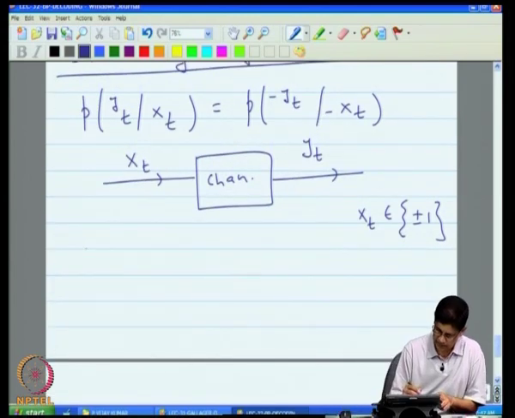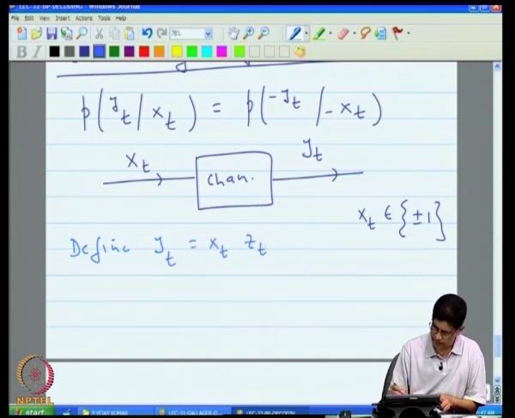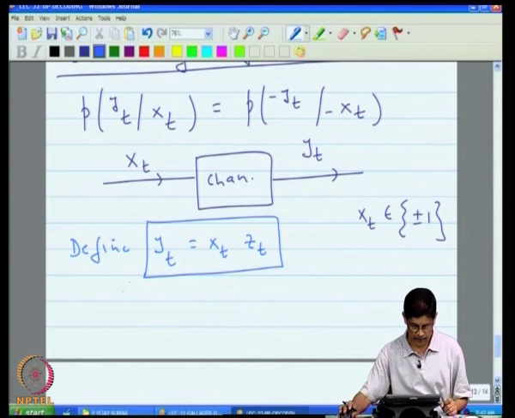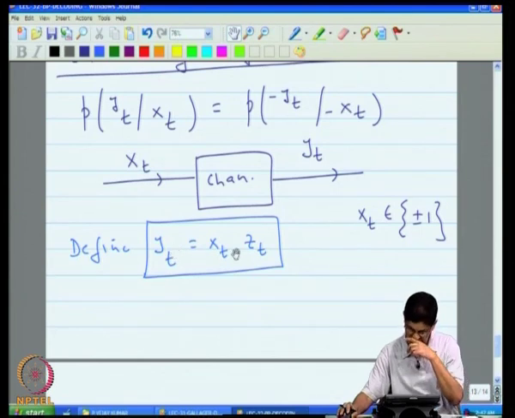Now, let us define yt equal to xt zt. So, in other words, I am going to define zt as yt divided by xt. Now, I am always free to do this.